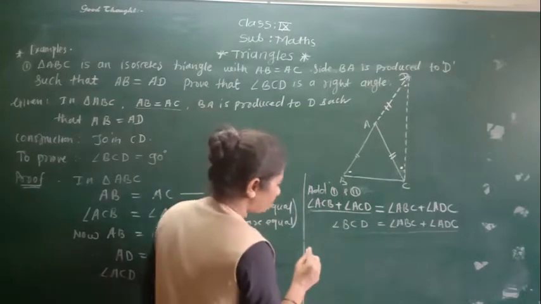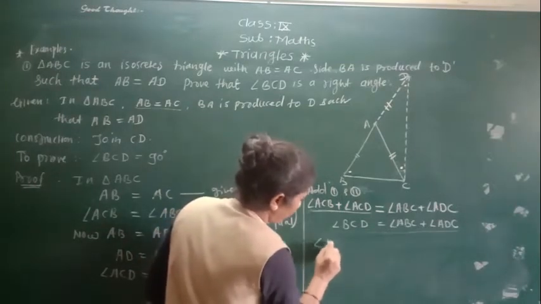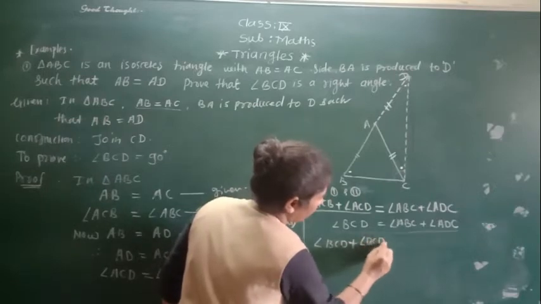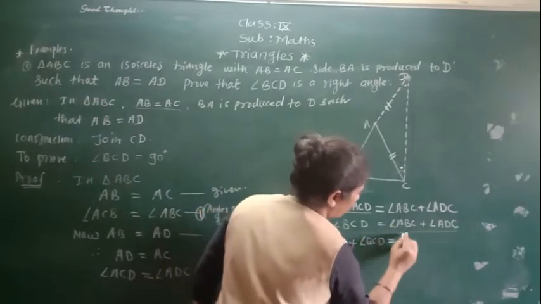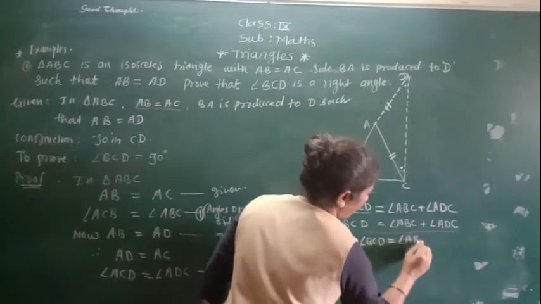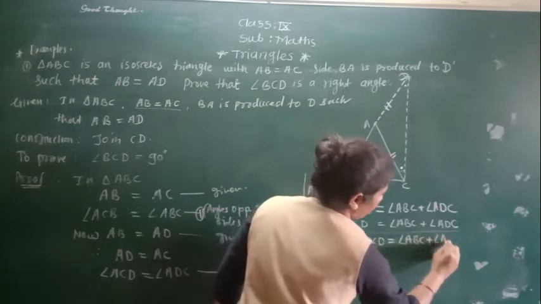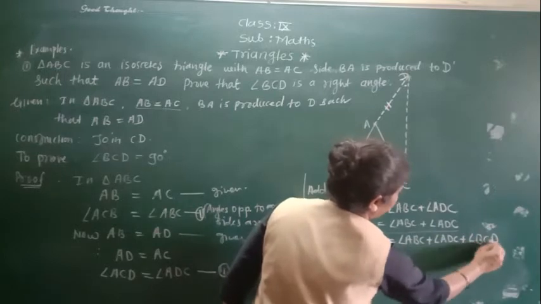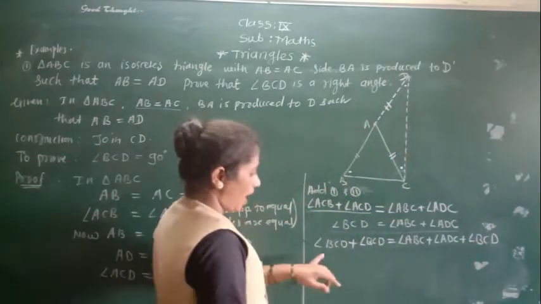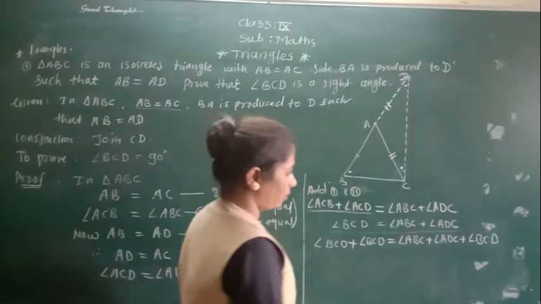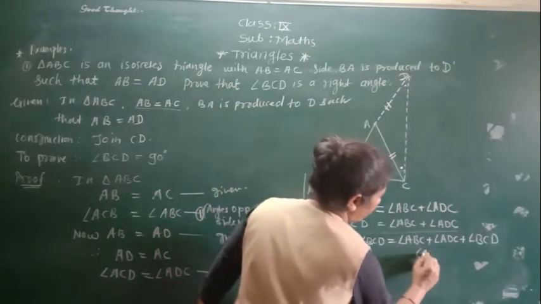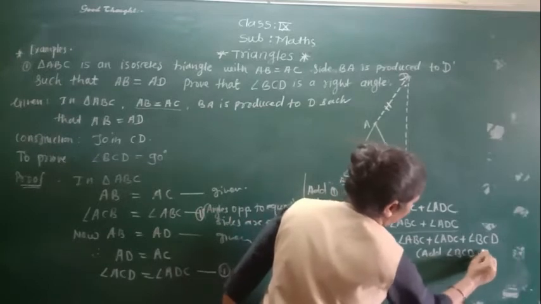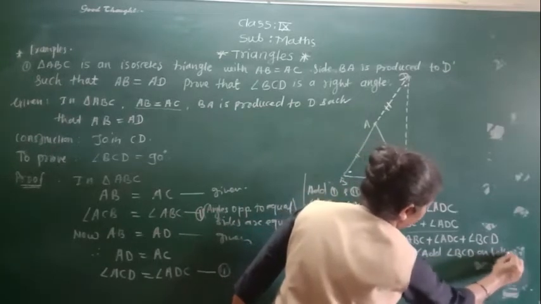So angle ABC plus angle ADC plus angle BCD. The reason is what? Add BCD on both sides. So here I will write: add angle BCD on both sides.